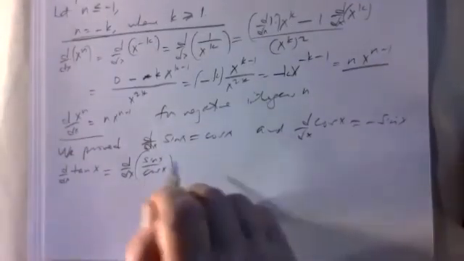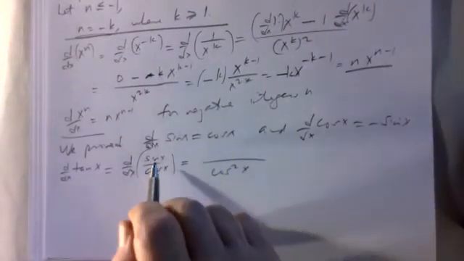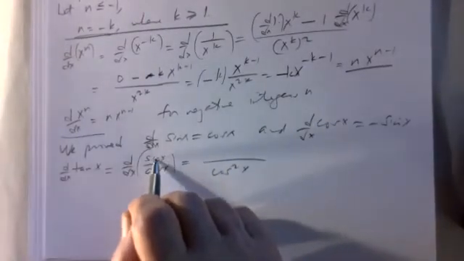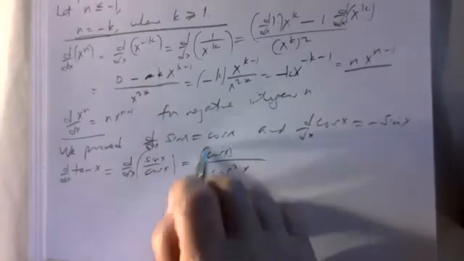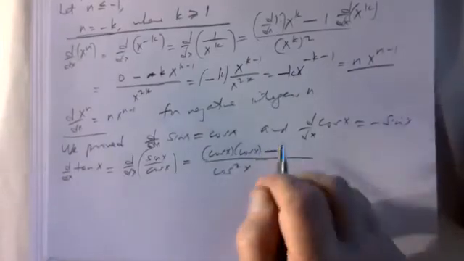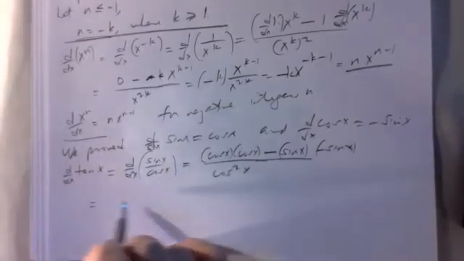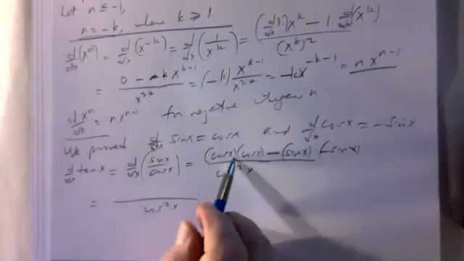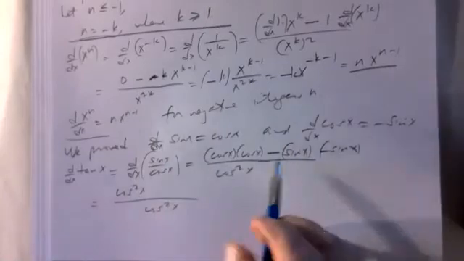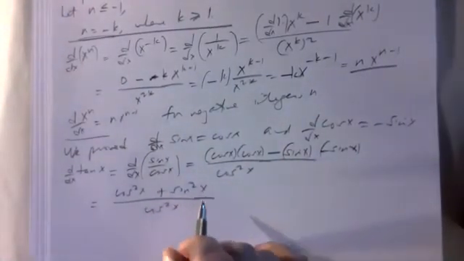And now we can use the quotient rule. It's the denominator squared, the derivative of the numerator, which is cosine x, times the denominator, minus the numerator times the derivative of the denominator. Derivative of cosine is minus the sine. So this is cosine squared x, minus times minus is plus, sine squared x.